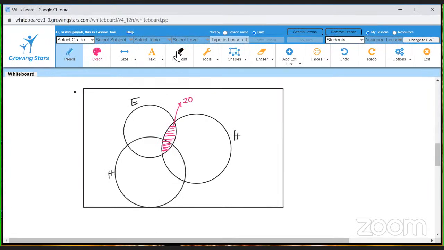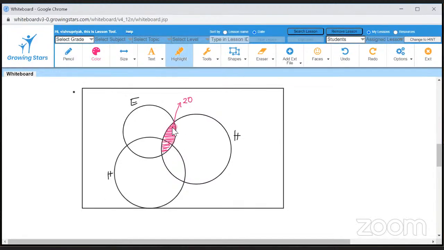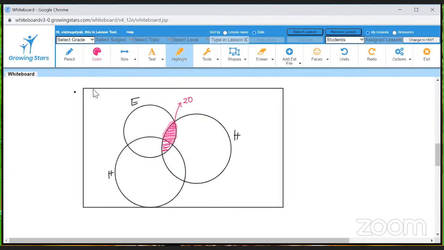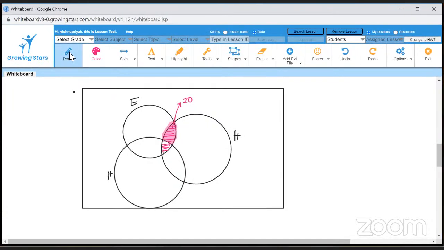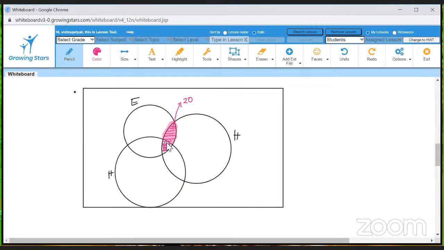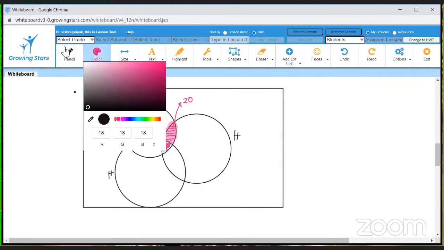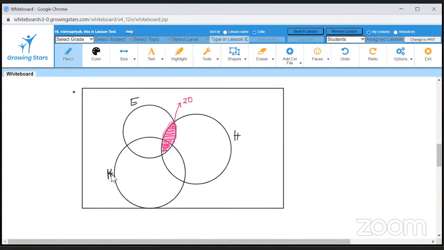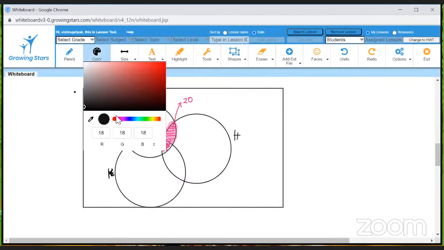That means these people speak only English and Hindi, but the remaining people here, of course they speak English and Hindi, but along with that, they speak Kannada also. Okay. Did you understand?